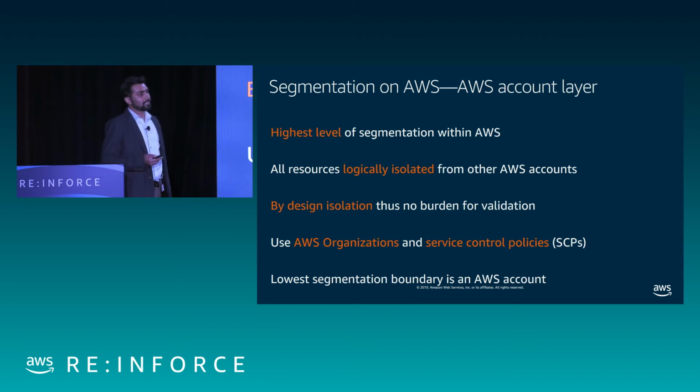Now, as a best practice, we recommend that you use multiple accounts, put your PCI DSS workloads in one account, and use other systems in other accounts. What that leads to in practice is you end up having more than one account. And we have a service called AWS Organizations to help with that, to manage multiple accounts.